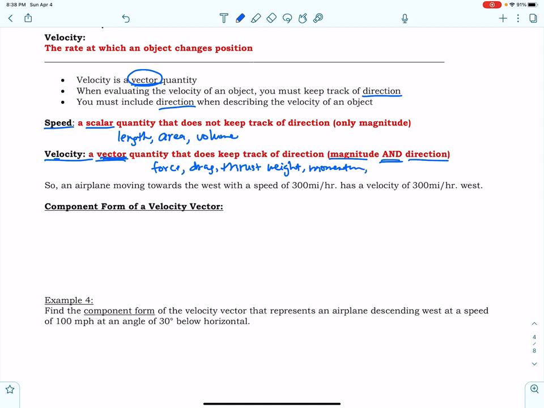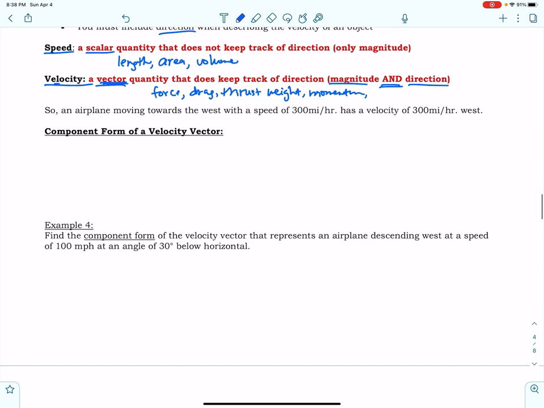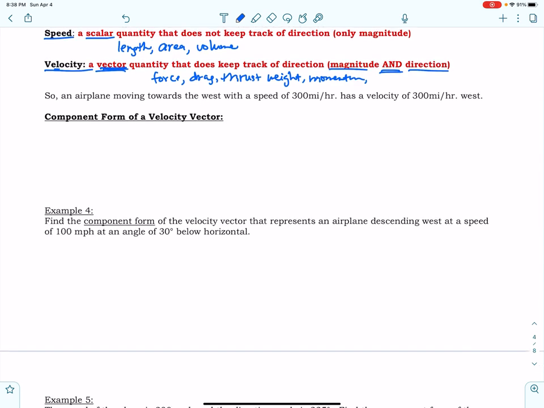Just as an example, let's keep this in mind. If we're looking at an airplane that is moving west with a speed of 300 miles per hour and has a velocity of 300 miles per hour west, velocity takes into account the speed and the direction.